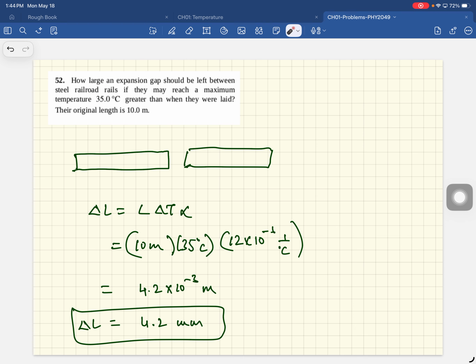So 1,000 calories and 1 kg. The specific heat of water is 1 kilocalorie per kg per degree Celsius, so it's 1 calorie per gram per degree Celsius.